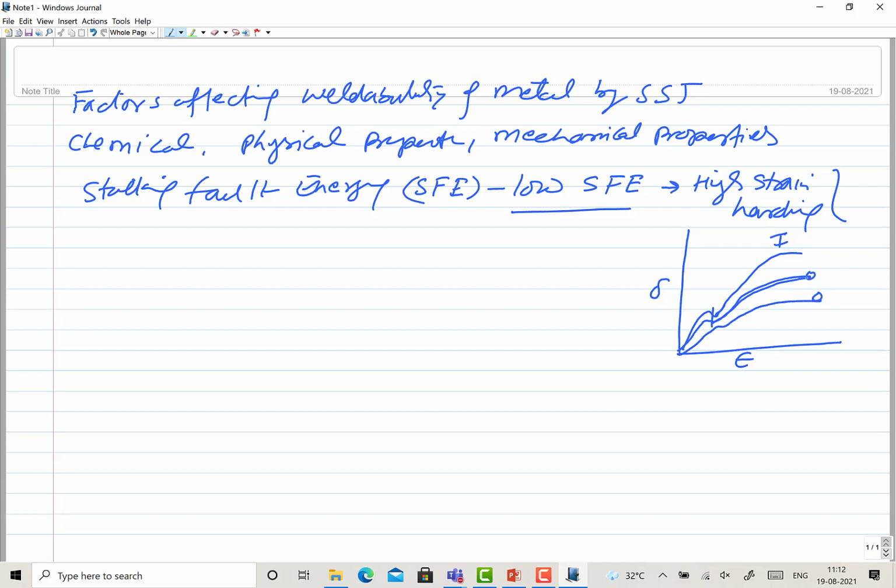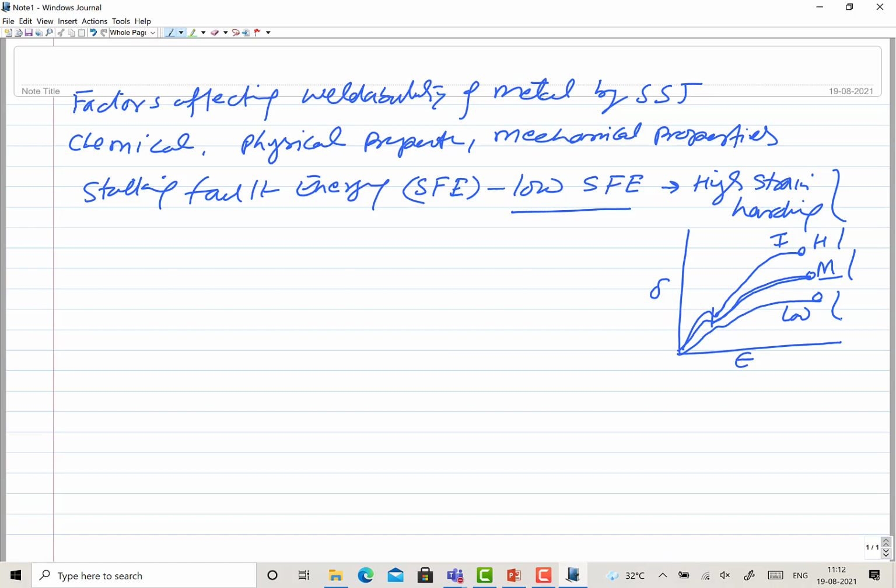So this slope indicates the rate at which the metal is getting work hardened or strain hardened during the plastic deformation. Okay, so the low, medium, and high work hardening rate or tendency.